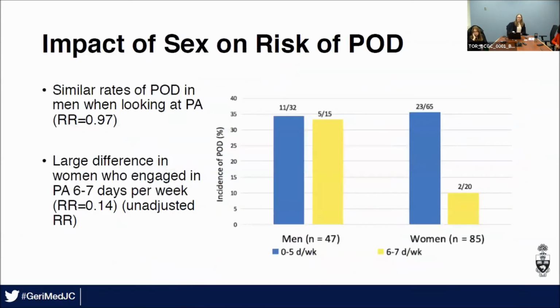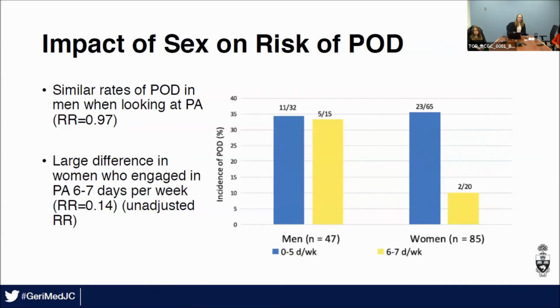So they also wanted to look at the impact of sex on risk of post-op delirium. So this chart, in the blue, looks at people that engaged in physical activity 0 to 5 days per week. And the yellow looks at 6 to 7 days per week of physical activity. With the men, you can see there really wasn't much of a difference, and they had a relative risk of 0.97, but there was quite a big difference that they found with the females.